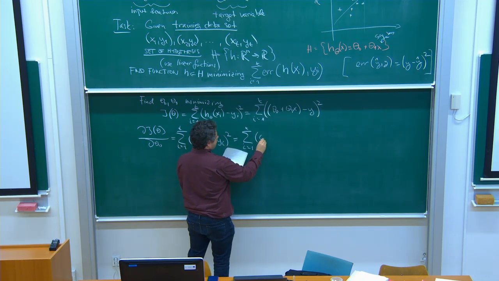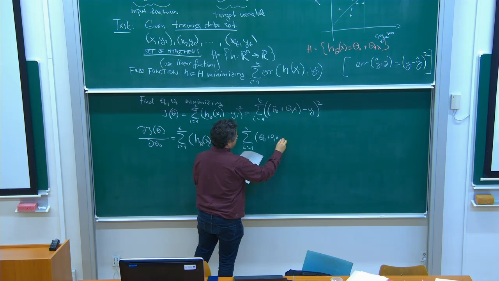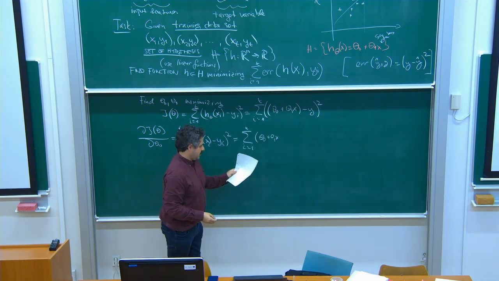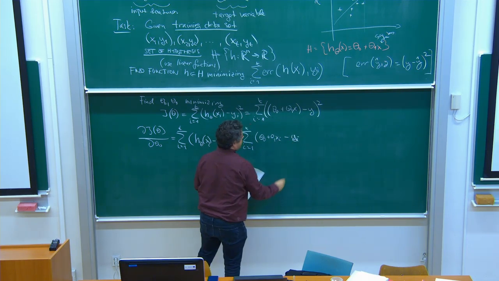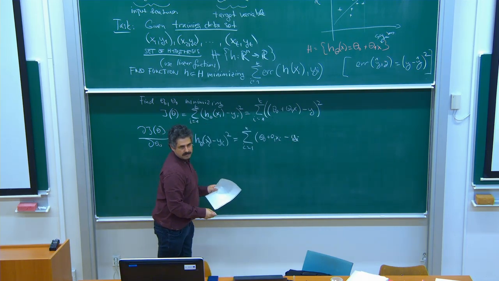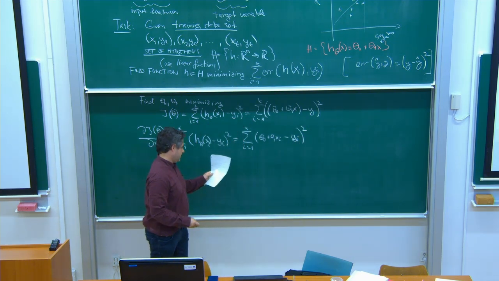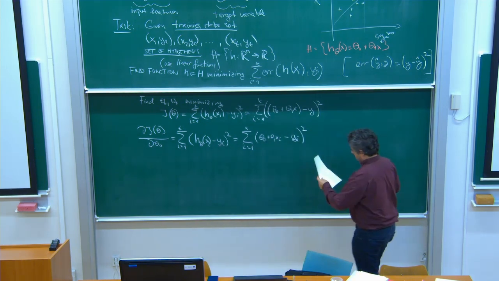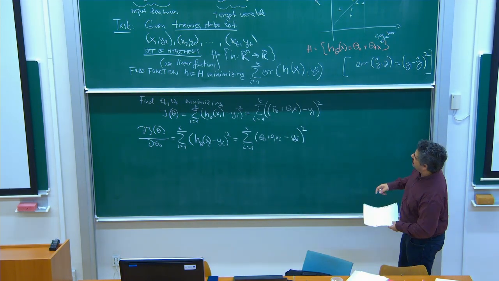So this is basically theta 0 plus theta 1 x i minus y i, right? Squared. And so what's the derivative?